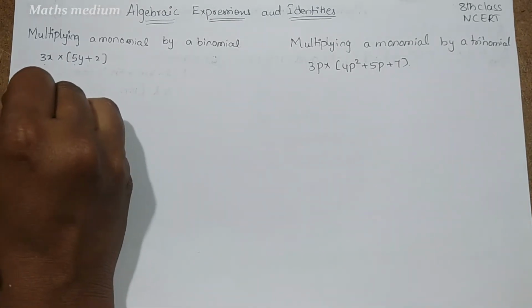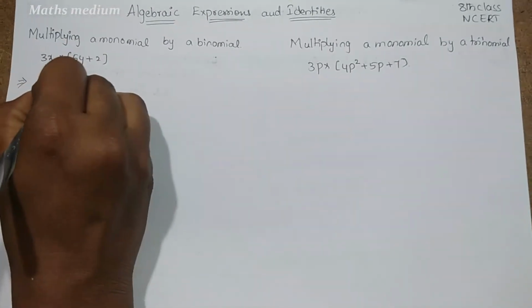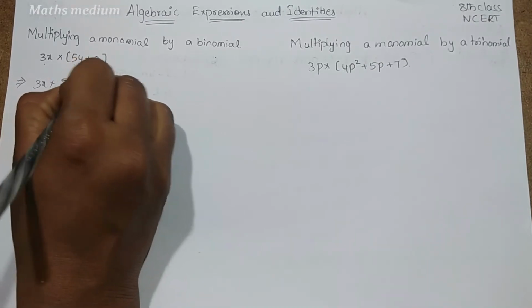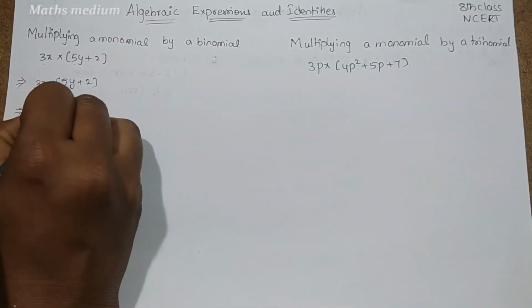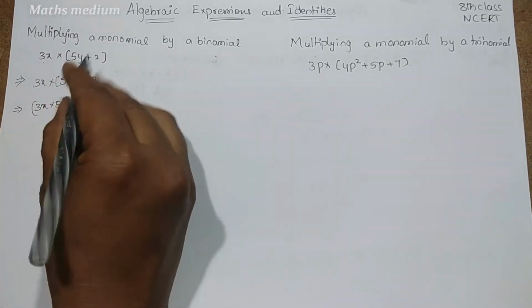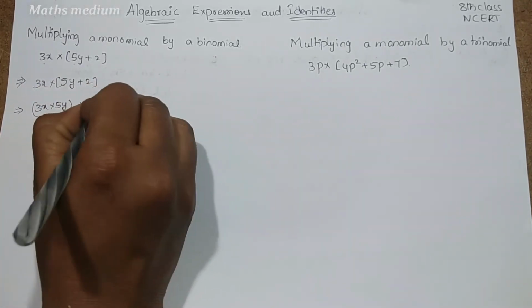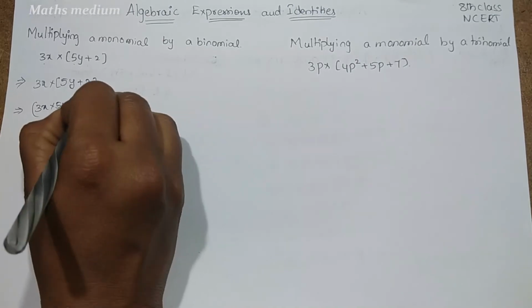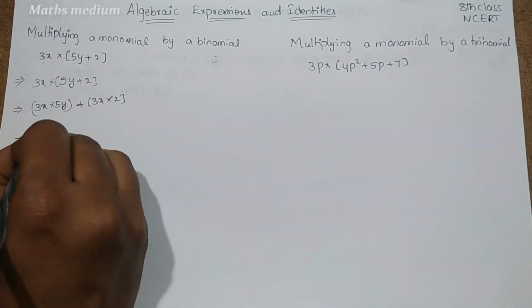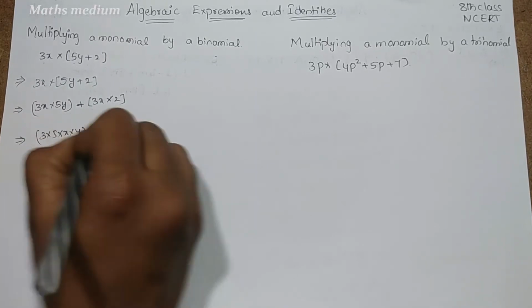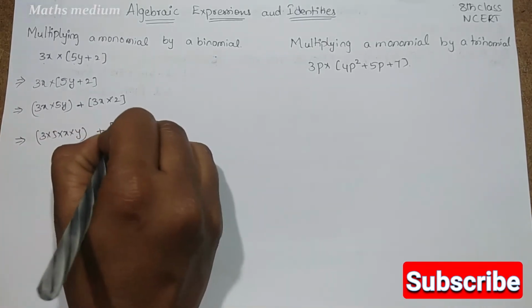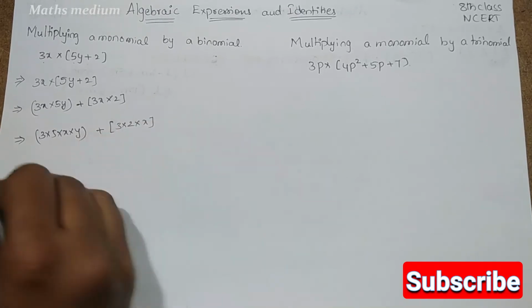So let's start. 3x into (5y plus 2). Now what we have to do is 3x into 5y plus 3x into 2. Now 3 into 5 into x into y plus 3 into 2 into x.